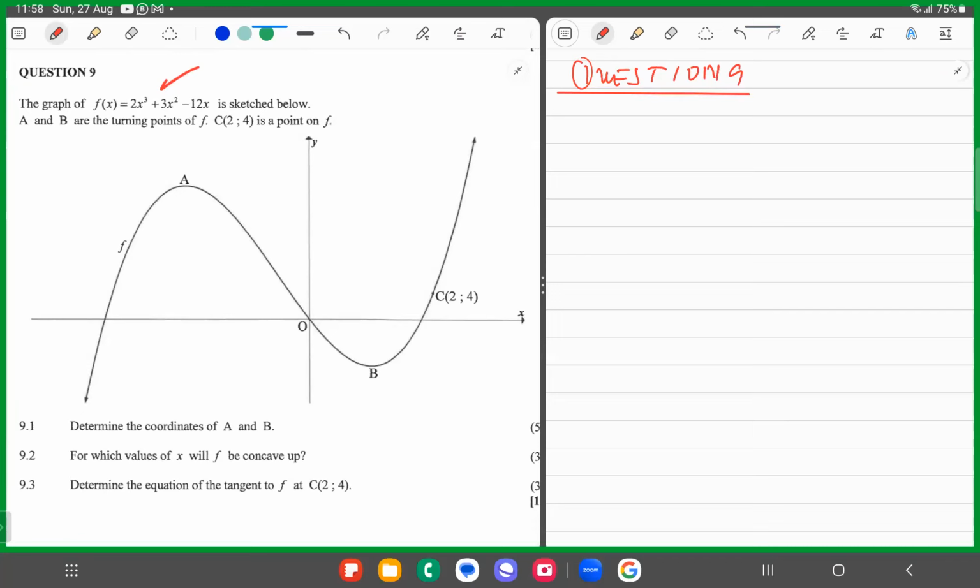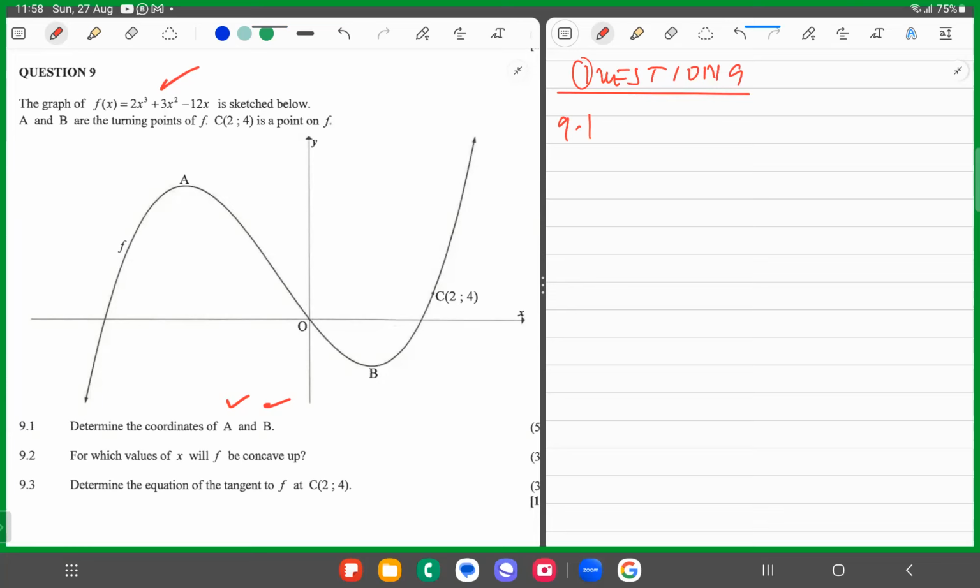Right, determine the coordinates of A and B. So which means that A and B are the turning points. So you need to find the coordinates of the turning points. How do you find the coordinates of the turning points?